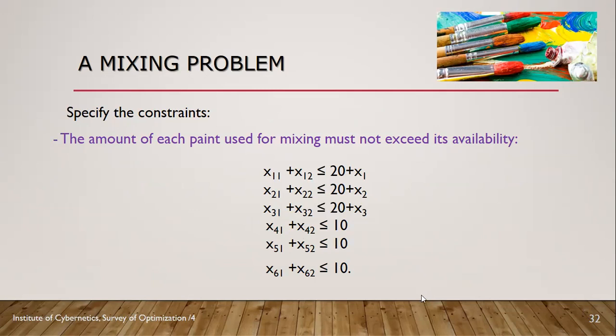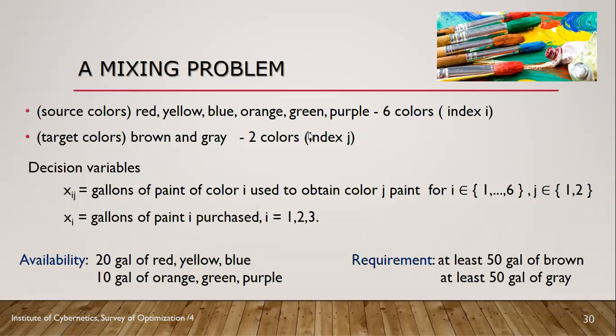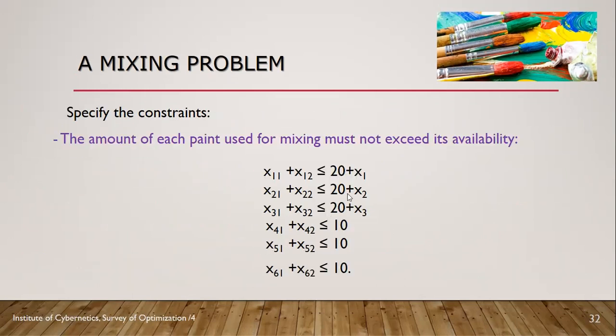Here, 20 stands for the availability of the red color, plus x sub 1, some additional red paint that can be purchased. Similarly for yellow and blue, these are the 3 primary colors.